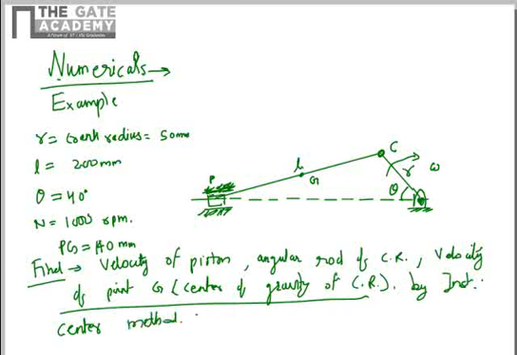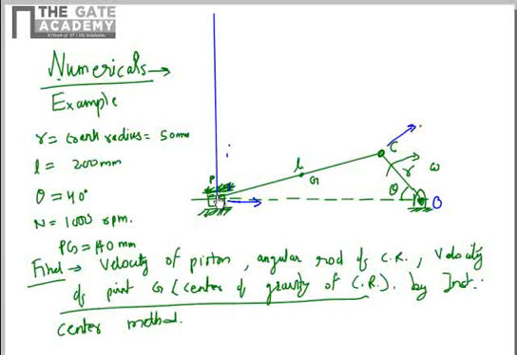So if you go on constructing the instantaneous center, we know that the velocity of point P will be in this direction along the horizontal axis along the point OP. So we have to draw a line perpendicular to OP first. We draw a line here like this, and then we know that the crank velocity will be perpendicular to the length OC.